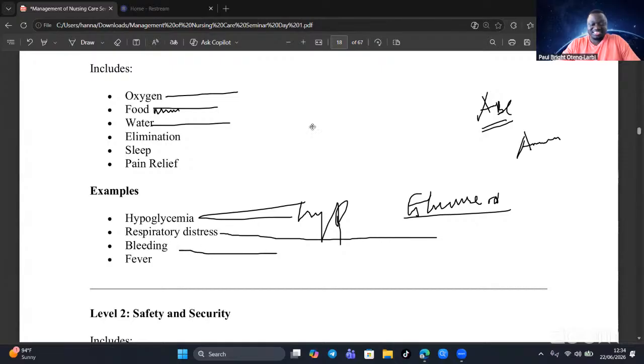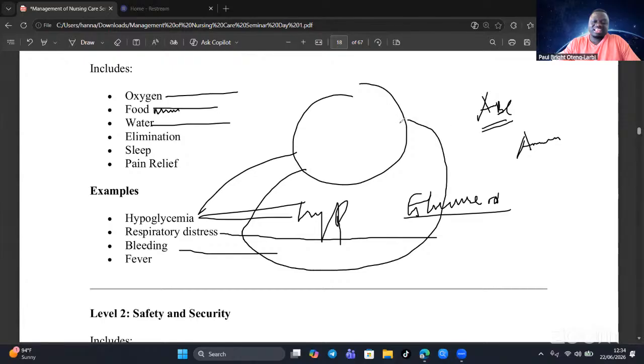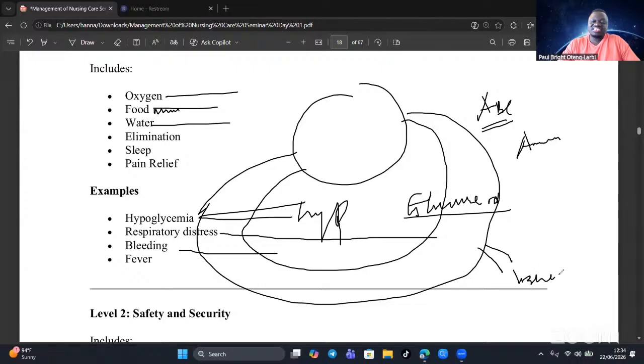Bleeding, yes, the cardiovascular system is like a circle. There is a puncture here, and you are bleeding. We need to close this gap so that the bleeding stops. And fever and all those things. So that is what you should know.